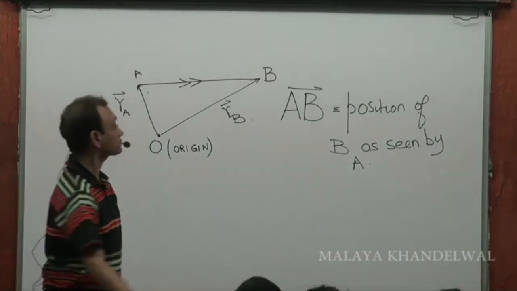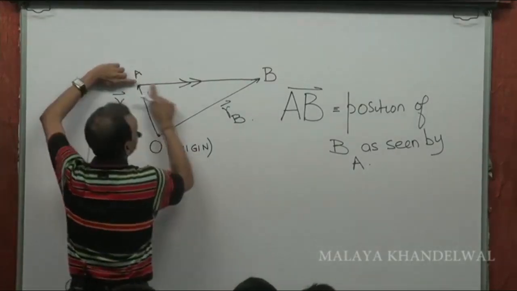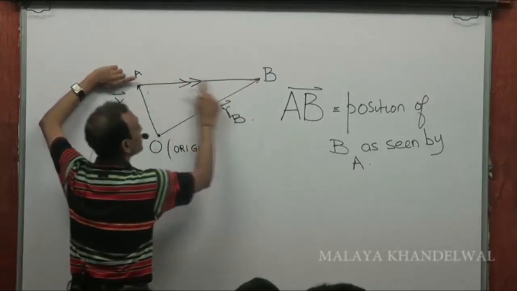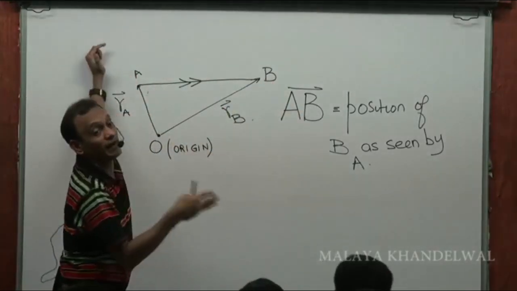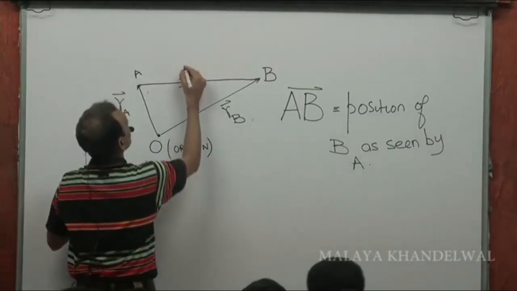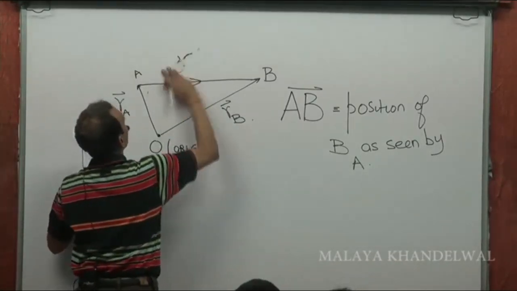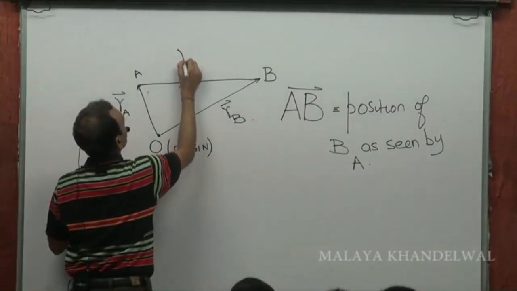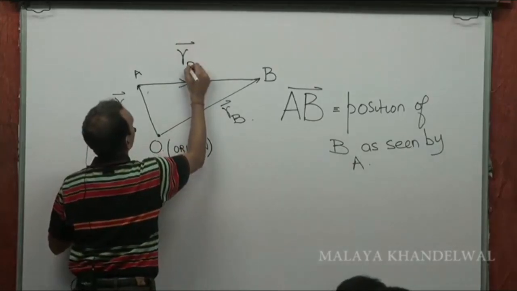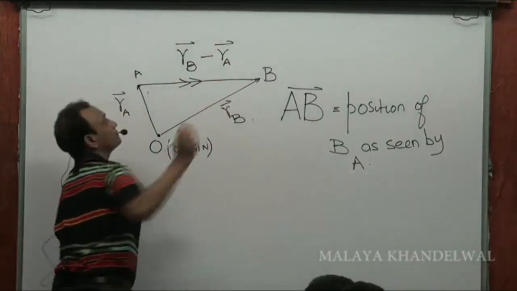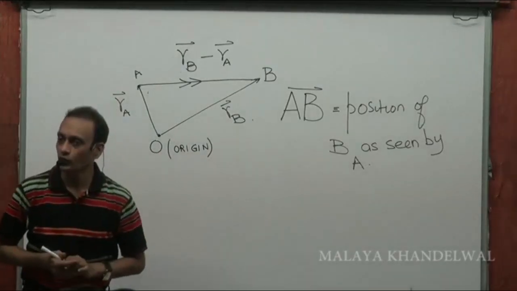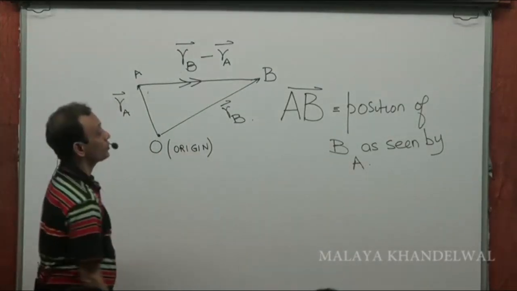Also referred to as relative position of B with respect to A. And very clearly from triangle law of vectors, by this time you would realize that this vector AB is going to be RB minus RA. This vector from triangle law of vectors is like RB minus RA. Right? Yes or no?